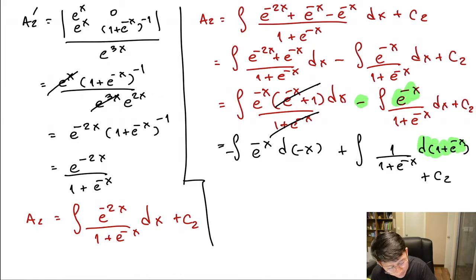So here we have minus e to the minus x, plus log of 1 plus e to the minus x, plus c2.